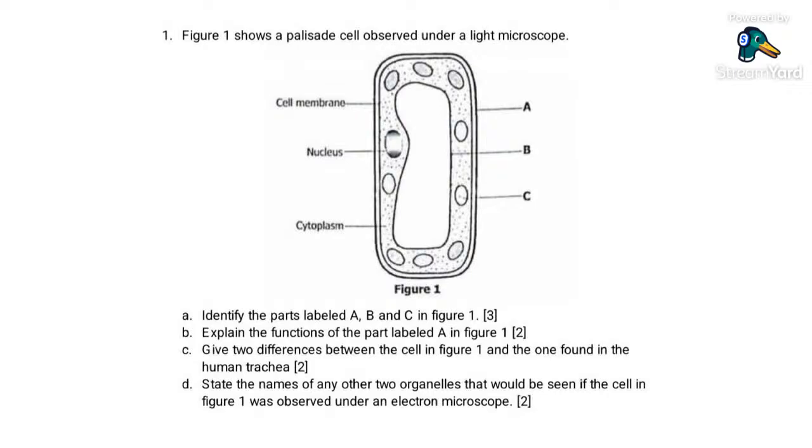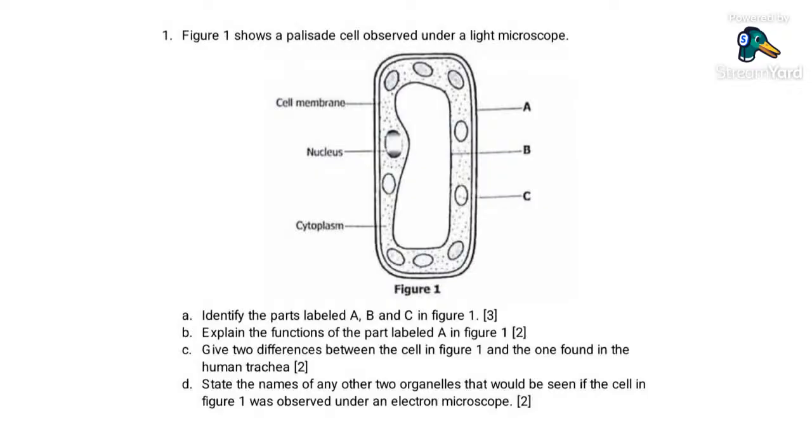So the function of the cell wall basically is that it protects the cell. That's the main function. It protects the cell against physical damage. And one thing that you need to take note of is that a cell wall is transparent. It is permeable. It is not selectively permeable, but it is permeable, meaning it allows substances to pass through it.